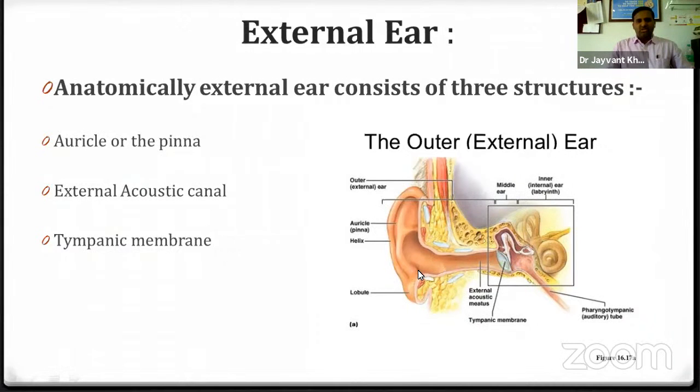These three structures together make up the external ear.